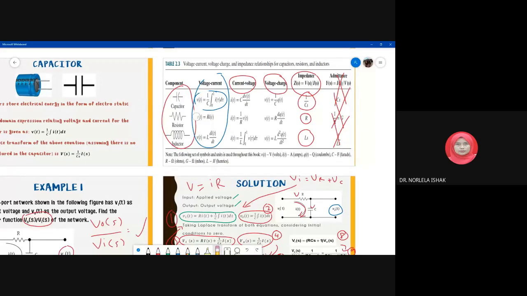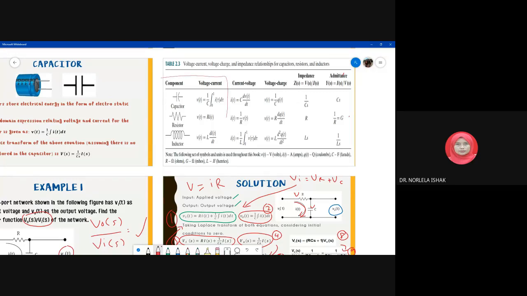So we define from here the relationship between voltage and current for the inductor, then for the resistor, and this is for the capacitor.